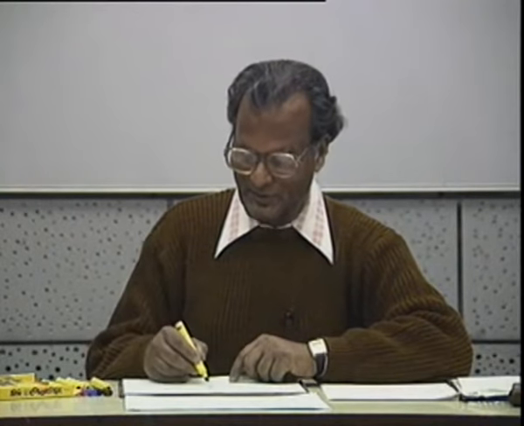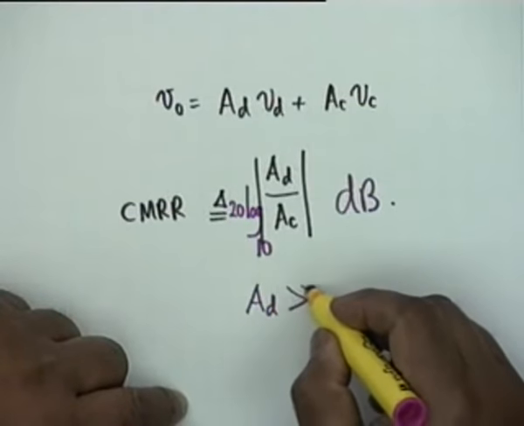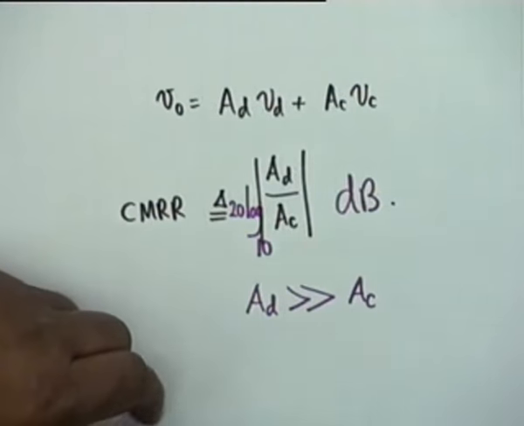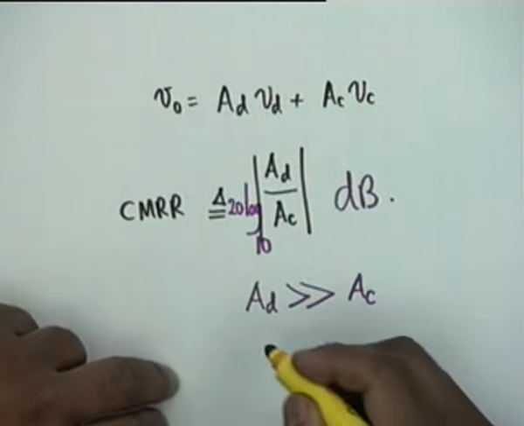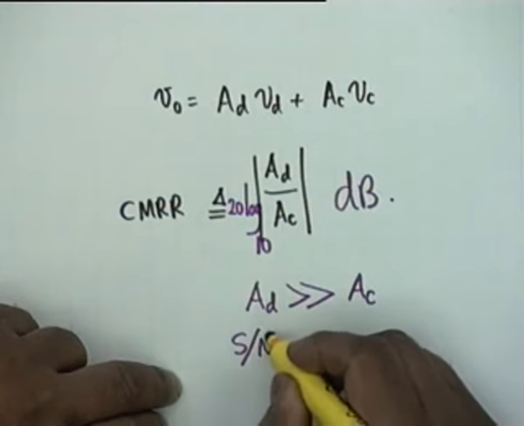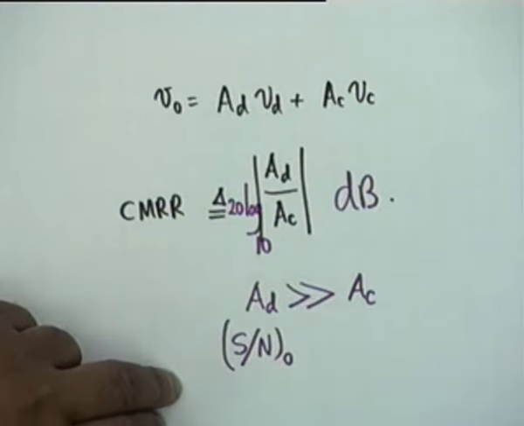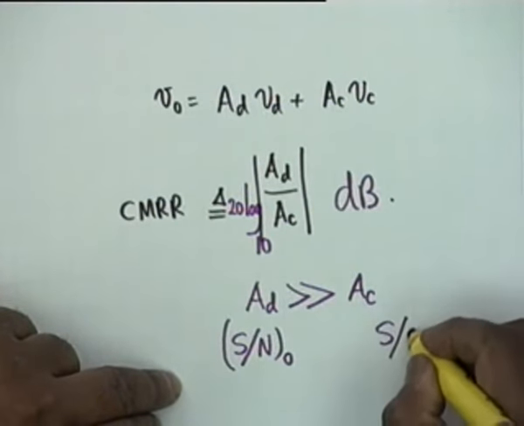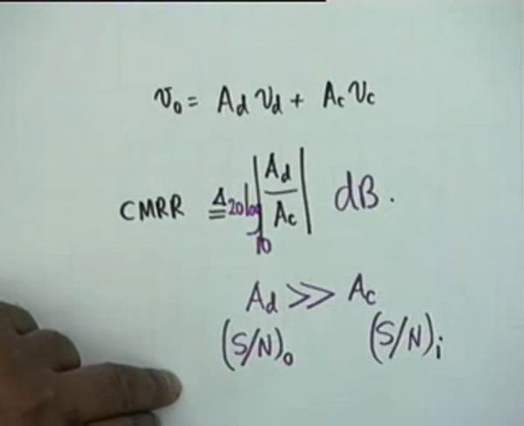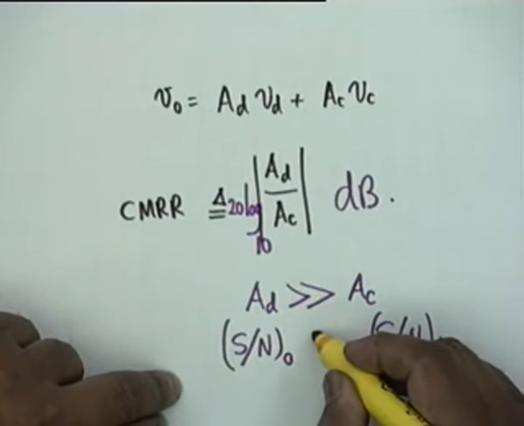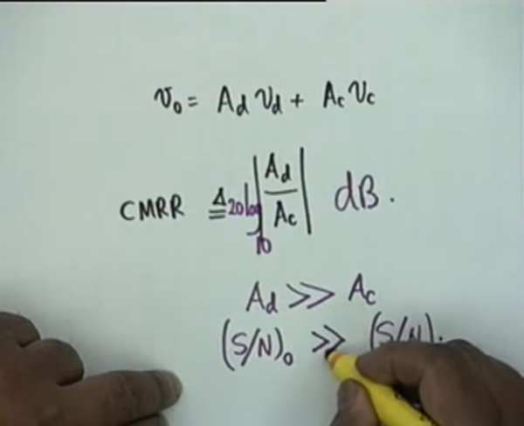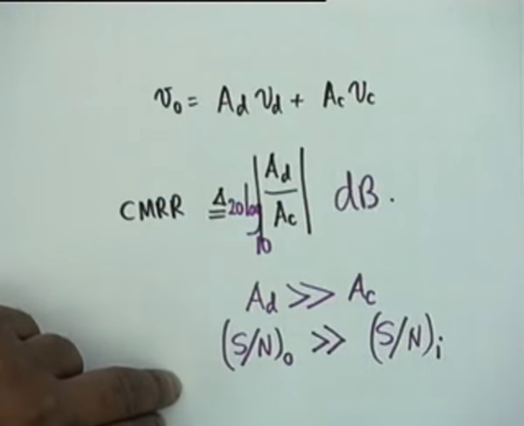Now what we want is therefore that A sub D must be much greater than A sub C. If the signal to noise ratio at the output is denoted by S by N O, and at the input by S by N I, then since AD is much greater than AC, the signal to noise ratio at the output would be much greater than at the input. Why?